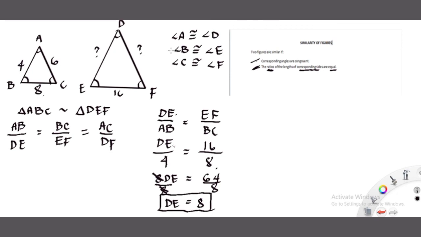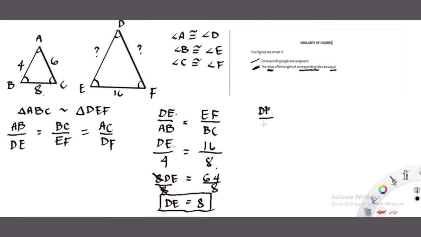So now let's solve for the other missing side, which is DF. Pwede natin nang ngayon gamitin yung ratio na nagko-correspond doon sa DE, kasi kumpleto na rin naman na siya. Again, DF ang nawawala natin. So we can have the ratio DF over, si DF, it corresponds to AC.